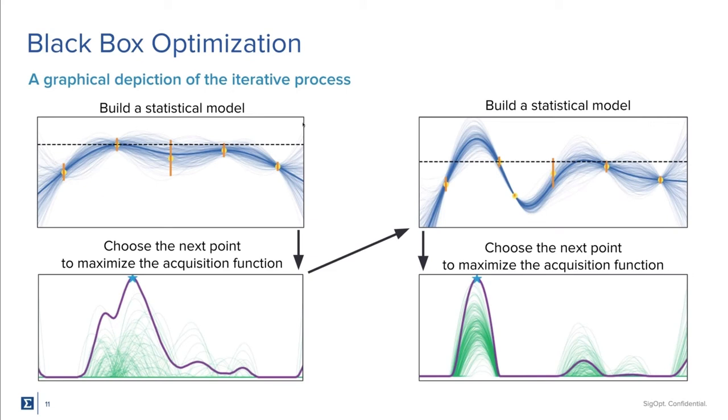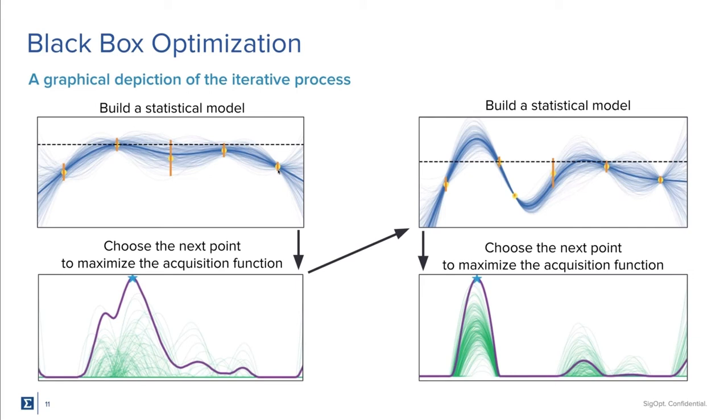That's this upper left component here. Many times, people use classic statistical models here, like Gaussian processes or Parzen estimators. This is a representation of what we've sampled so far, like these 5 points here, and what we think could happen if we were to sample other points in that space.